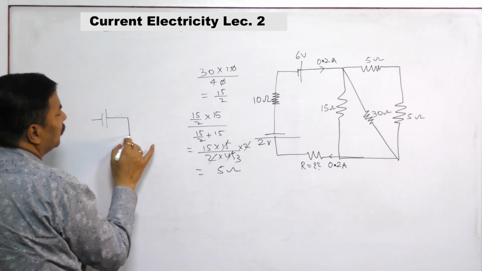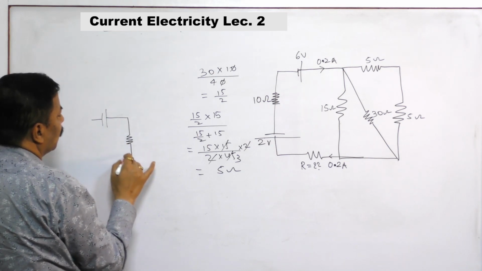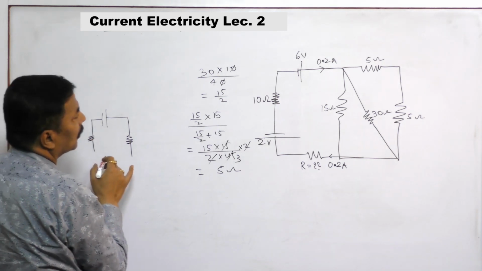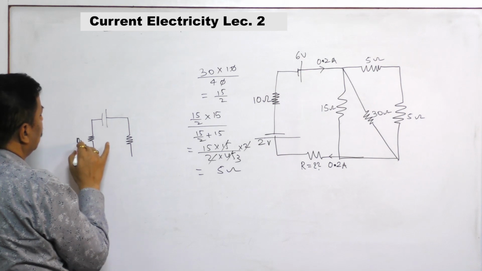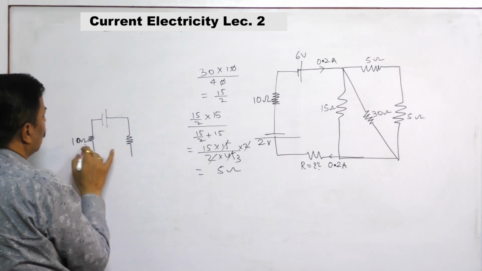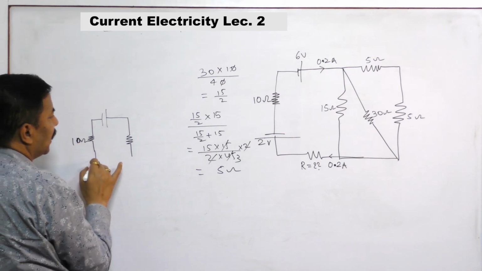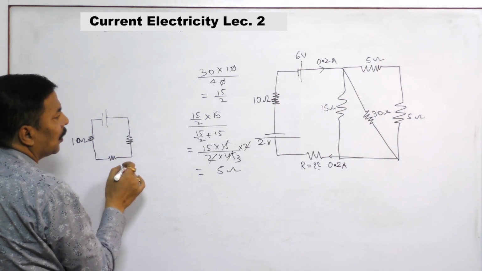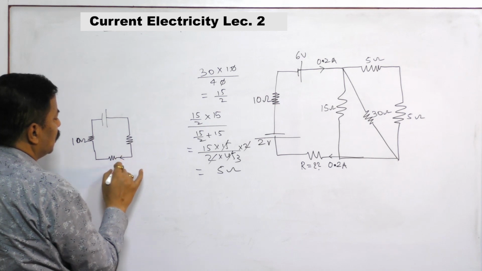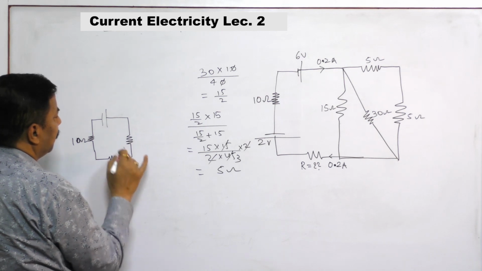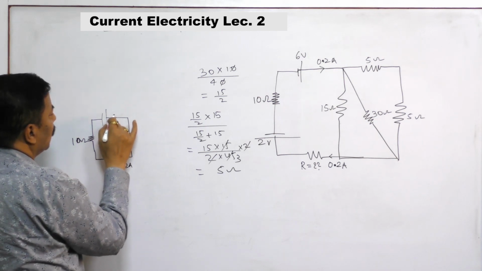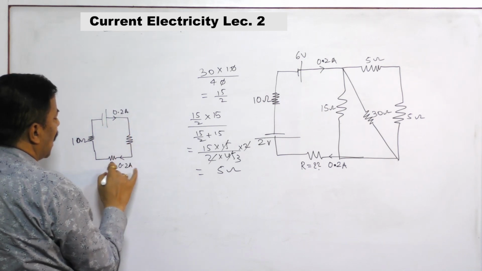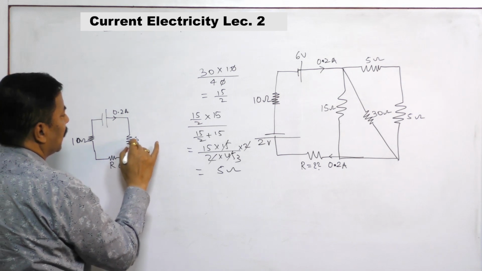Here is your 5 ohm, here is your 10 ohm, and here is 0.2 ampere. Here is also 0.2 ampere. This is R, this is your 5 ohm.